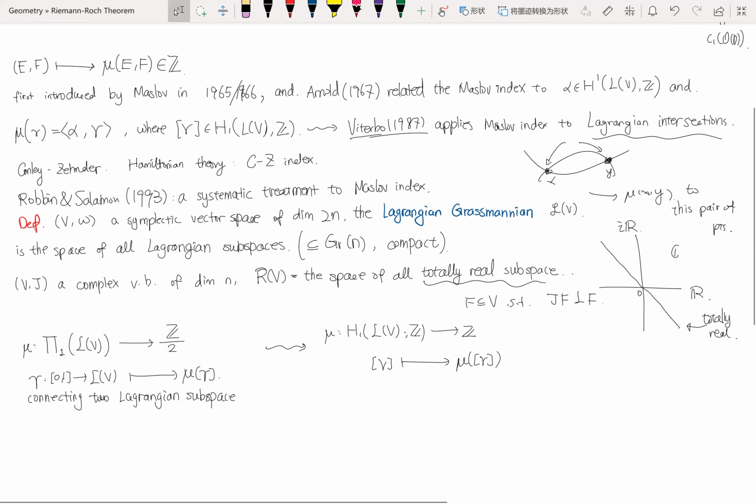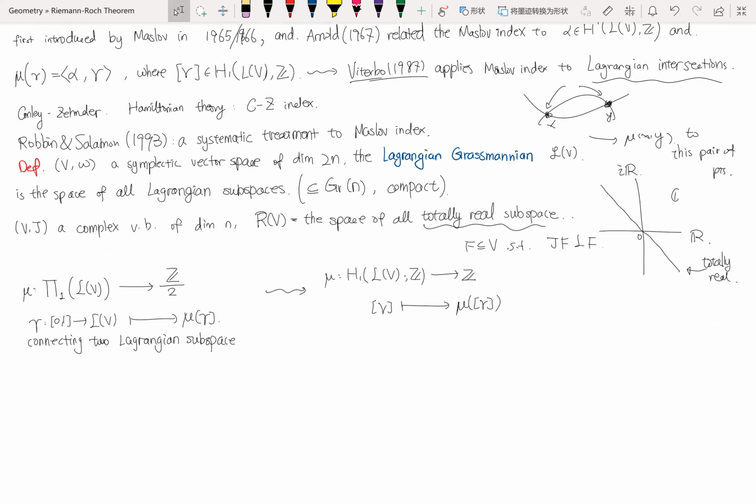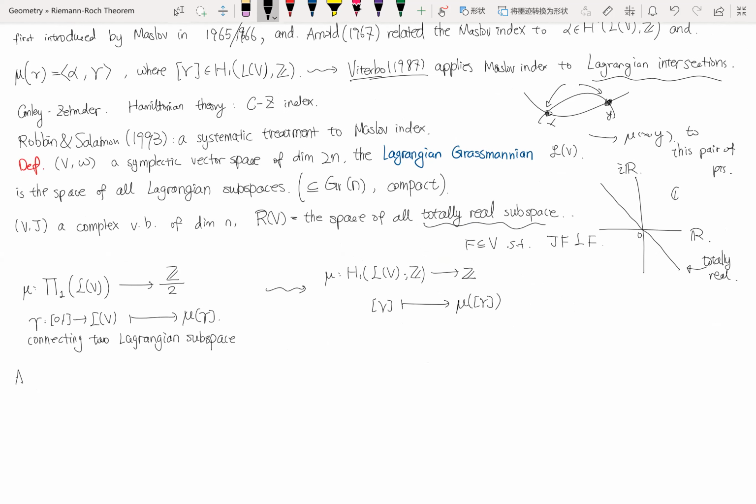But the explicit definition needs some trick, as in Arnold's original paper. Let's pick L0 in LV, a Lagrangian subspace. When we pick another frame, we can regard it as the space R^n in the symplectic vector space R^2n.